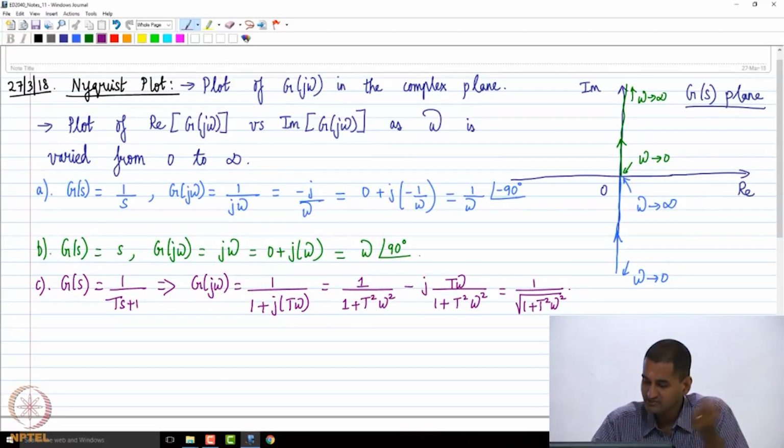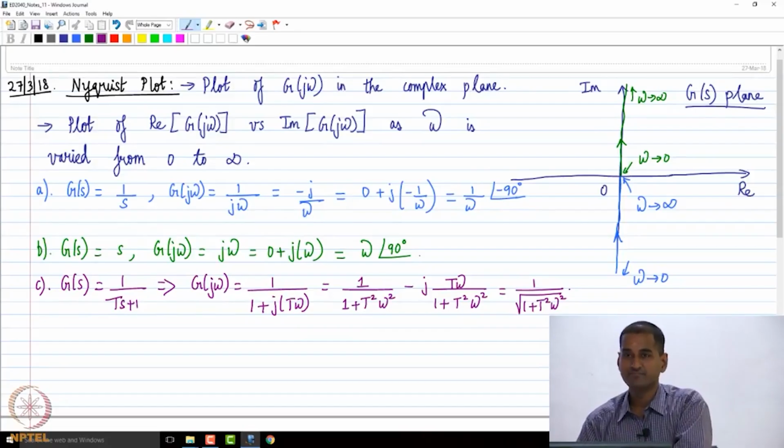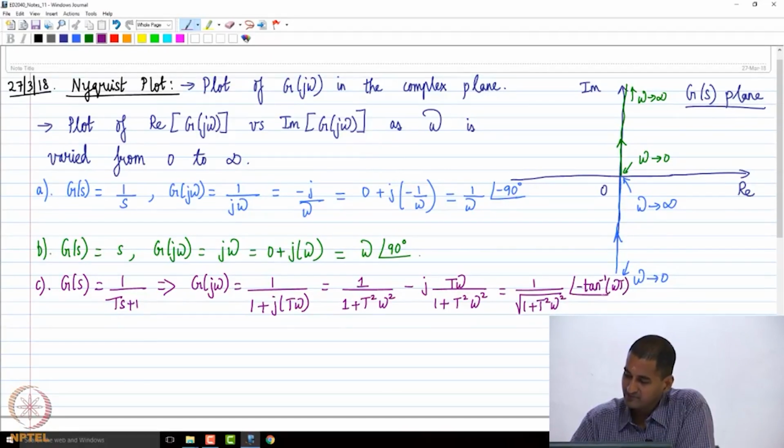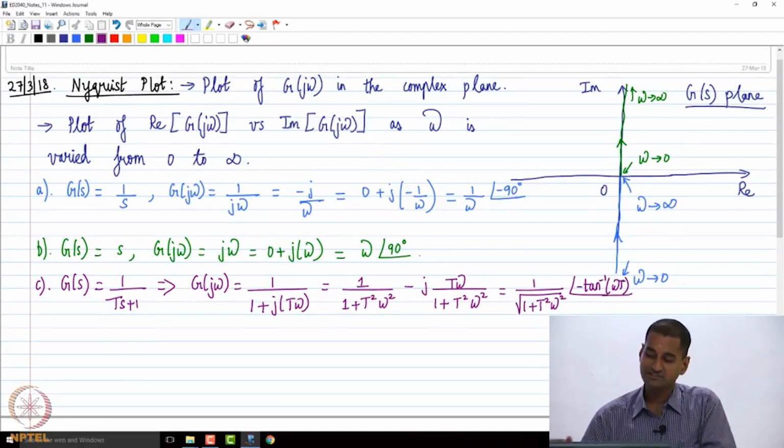And what's going to be the phase? Once again, it's going to be the algebraic sum, right? So the phase is going to be minus tan inverse of omega T, right? So that's what we are going to have for this particular factor.